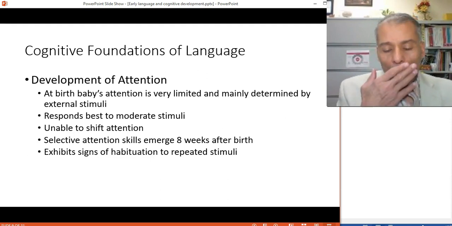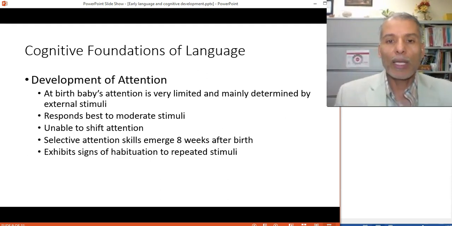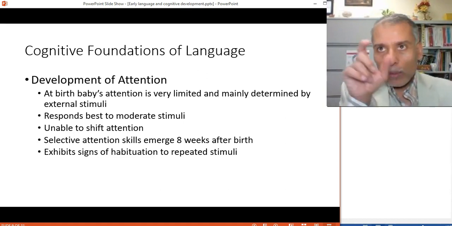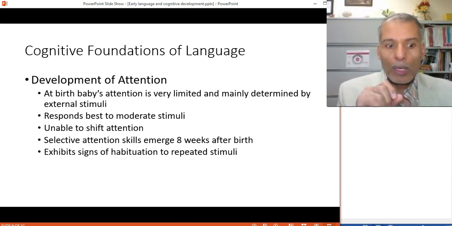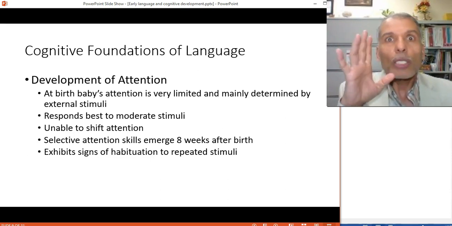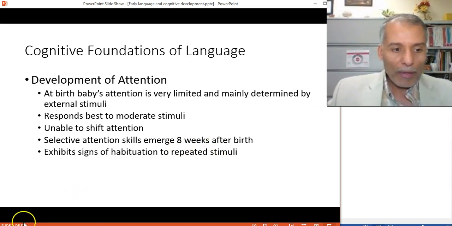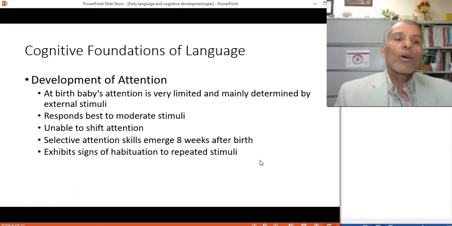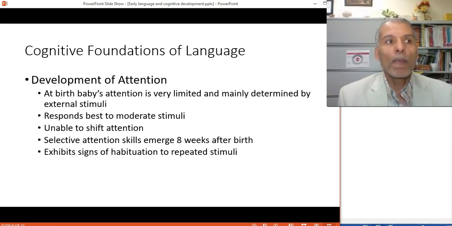So attention itself is very, very limited initially. And it is determined by what stimuli are there, the nature of the stimuli. For example, if something is moving, like a flash of light flashing, the baby is going to attend to it, but it is very, very short. So we are speaking about the period of time in the first 6 weeks or so.